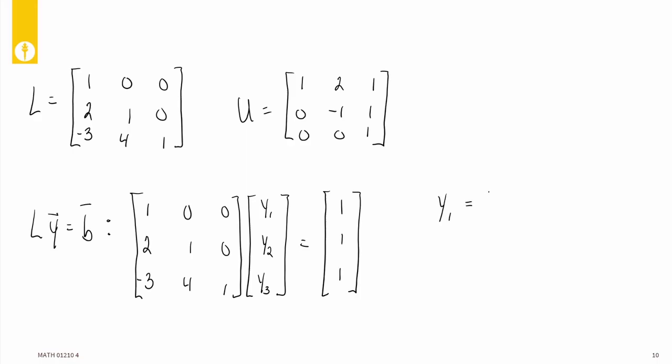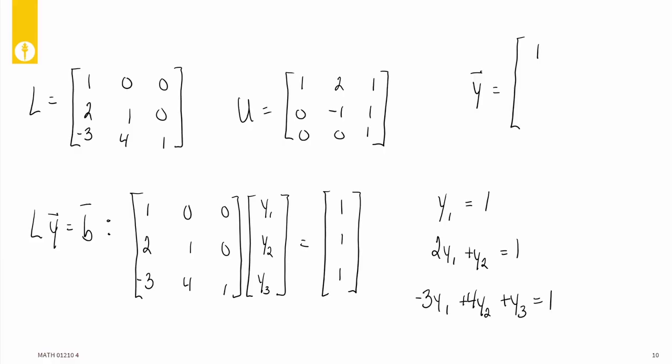You get y1 equals 1. That's nice. Two y1 plus y2 has to equal 1. Negative 3y1 plus 4y2 plus y3 equals 1. I'm just going to write it up here. 2 plus what is 1?